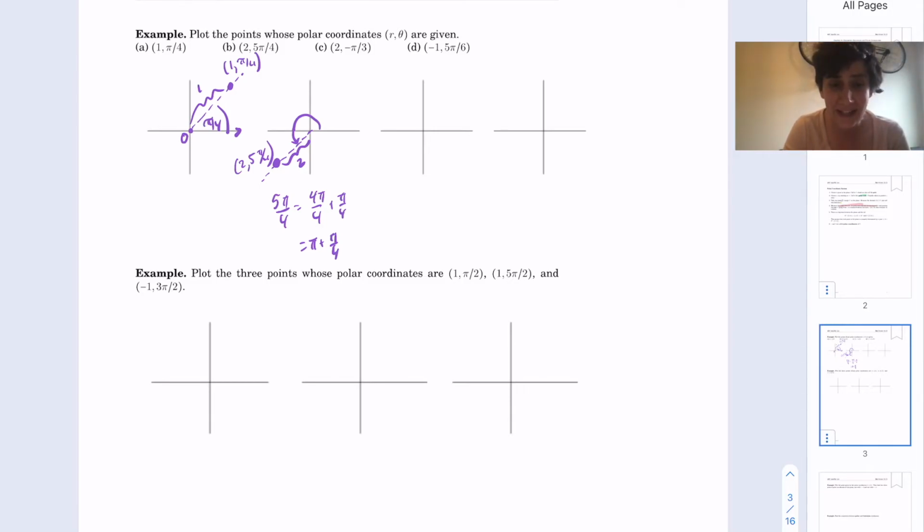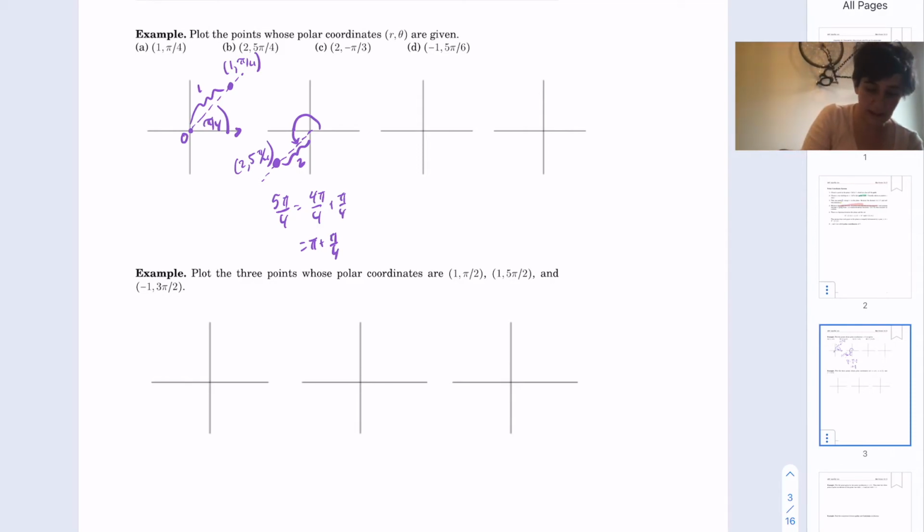Now, 2, negative pi over 3. So we are absolutely using the convention that positive angles go counterclockwise as always, and negative angles go clockwise. This is not different from anything you've seen before when we're talking about angles in our unit circle.